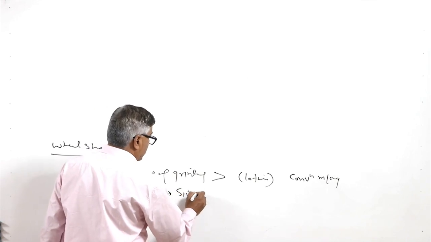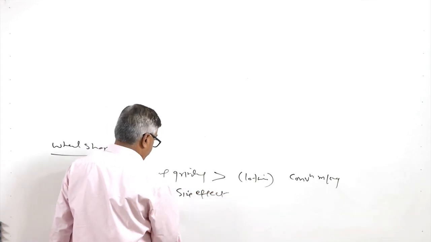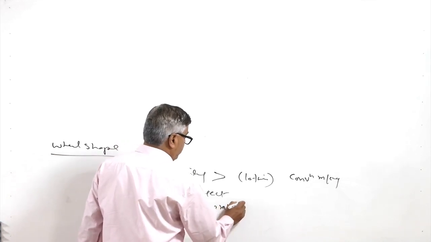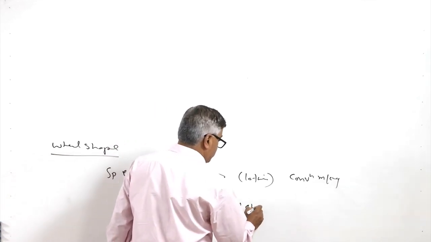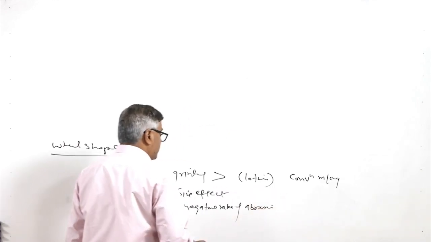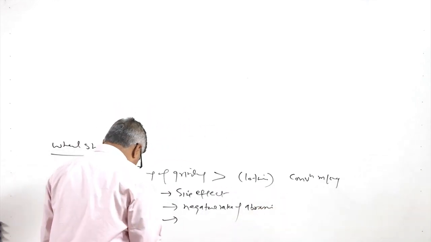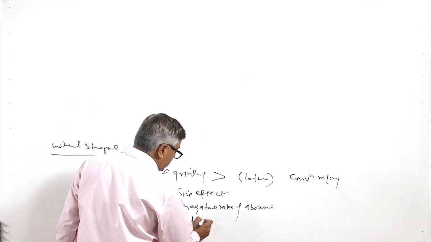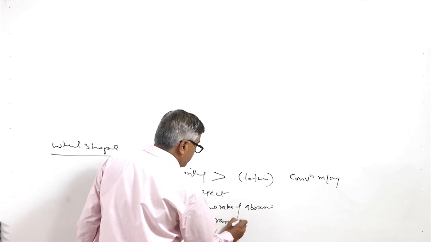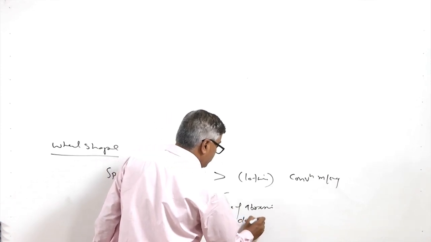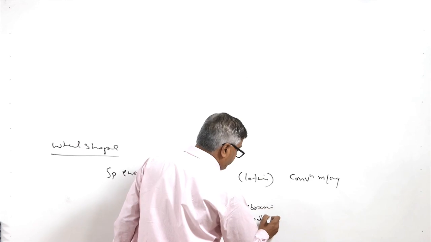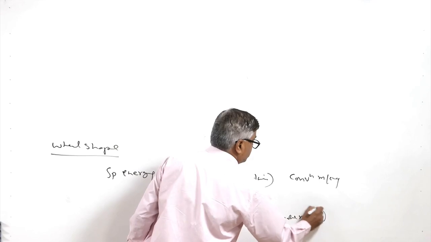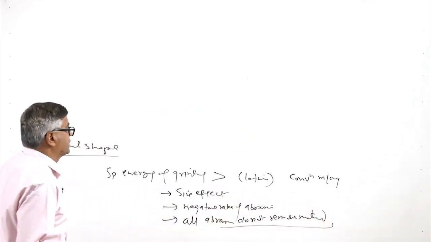One is the size effect, the second is the negative rake of the abrasives which engage with the workpiece for the removal of the material, and the third one is that although the wheel is rotating, not all abrasives remove material, but only a few abrasives participate in the material removal process.